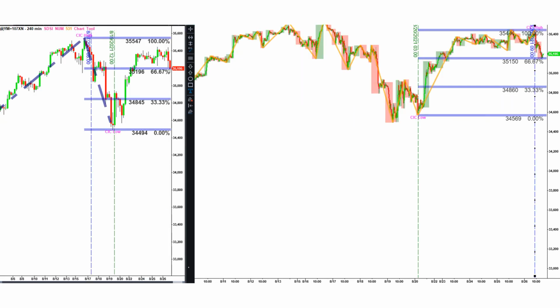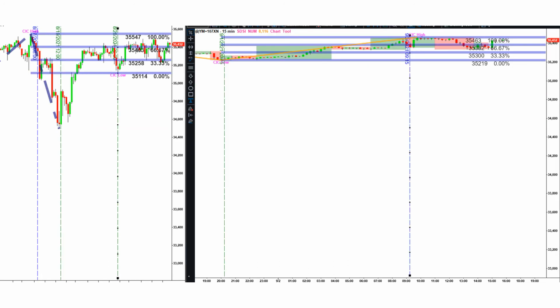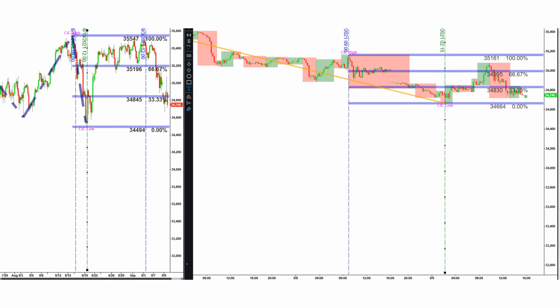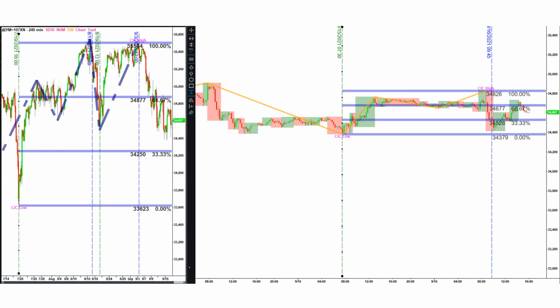So I'm just going to scroll through these, and you can see how price is changing with time, and how the prior trend on the lower time frame and higher time frame compare to one another, and they can look quite different over time. And you can see that sometimes you're just looking at one small slice of the higher time frame when you're viewing the lower time frame chart.